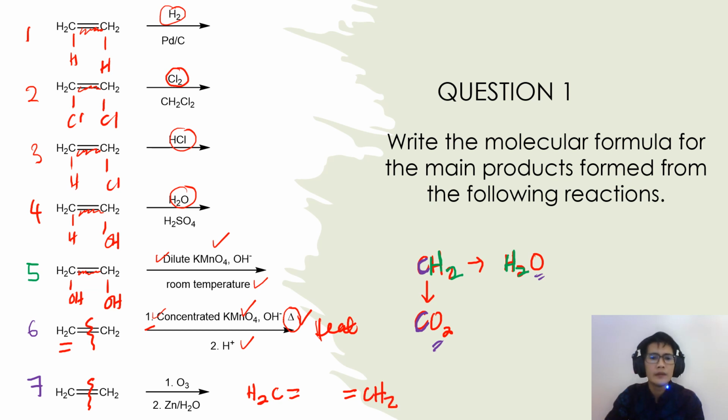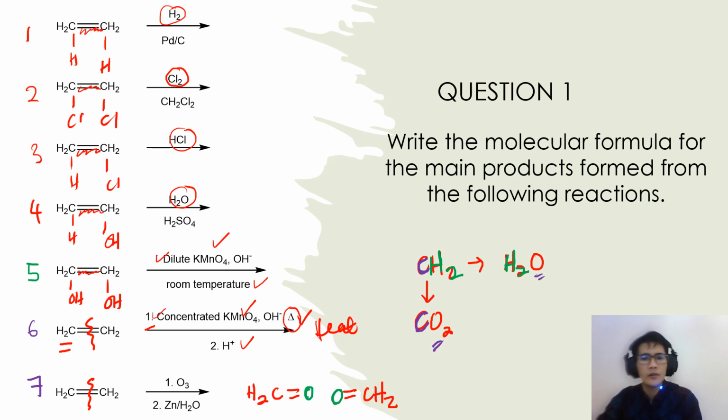H2C double bond, and you break the bond, so it will be double bond CH2. At the double bond, you just put the oxygen atom. So you will get two methanal compounds.